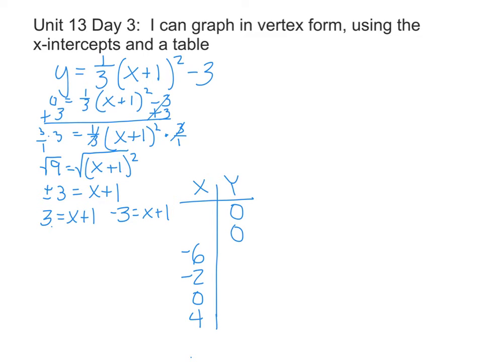All right, so for all of these, we are going to subtract 1, subtract 1, and x is 2, and x is -4. Okay, so those values go right here, 2, -4. Okay, and then we have to fill in the rest of the table.